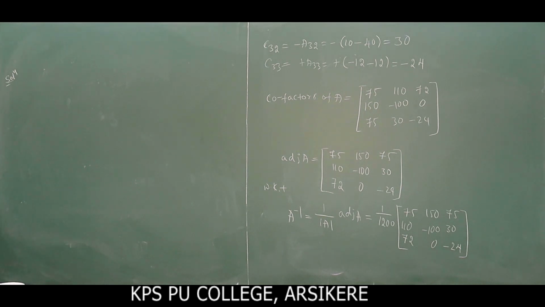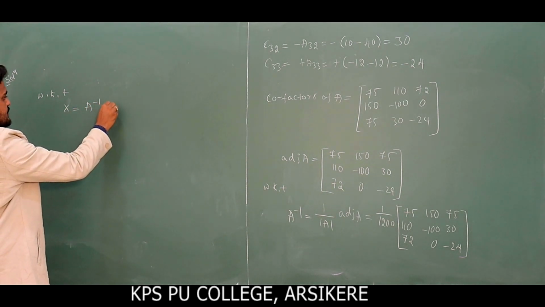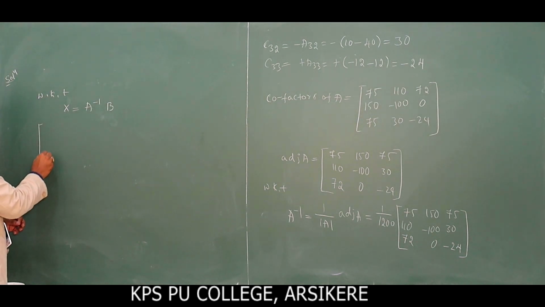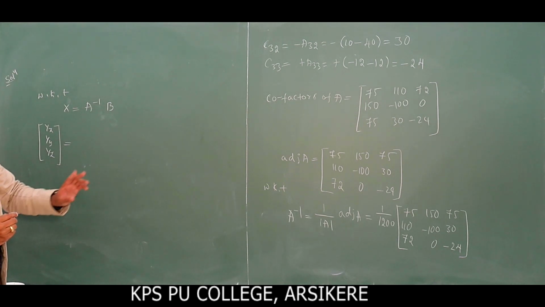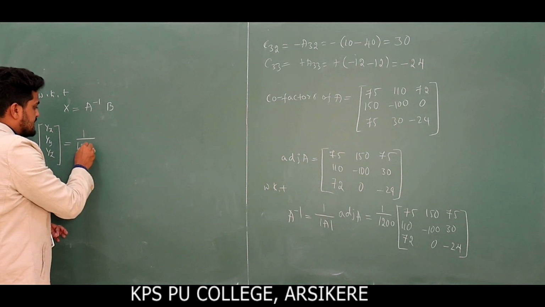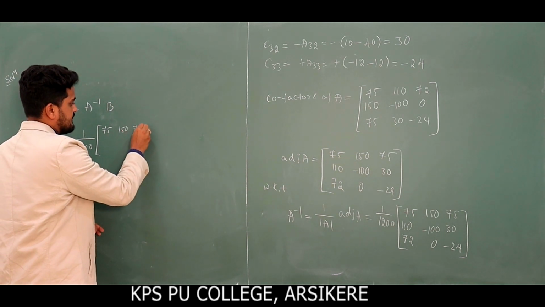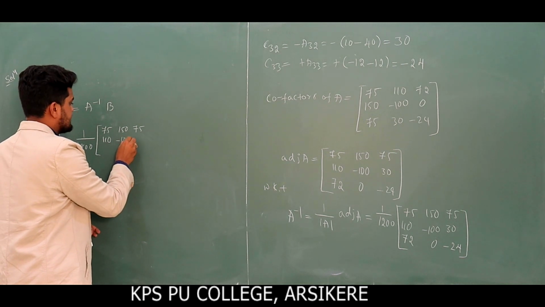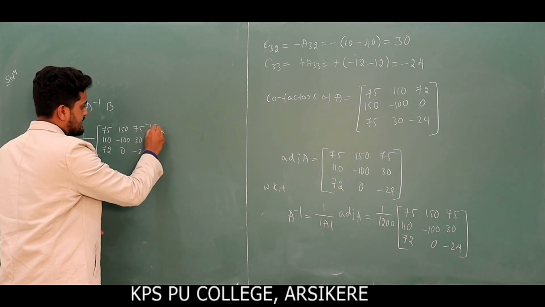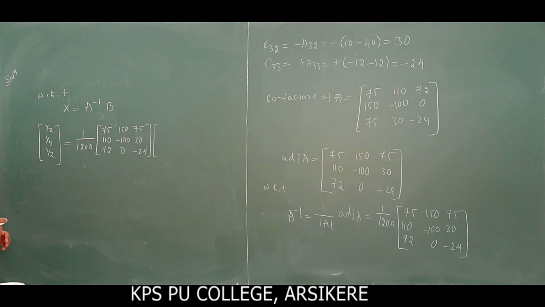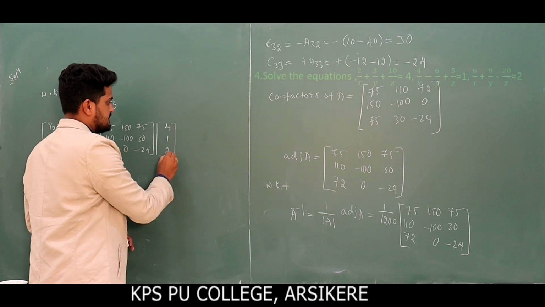We know the formula: x is equal to A inverse into B. So 1 by x, 1 by y, 1 by z is equal to A inverse value, 1 divided by 1200 into the matrix 75, 150, 75, 110, minus 100, 30, 72, 0, minus 24, into matrix B. Matrix B is nothing but the constant values: 4, 1, 2.